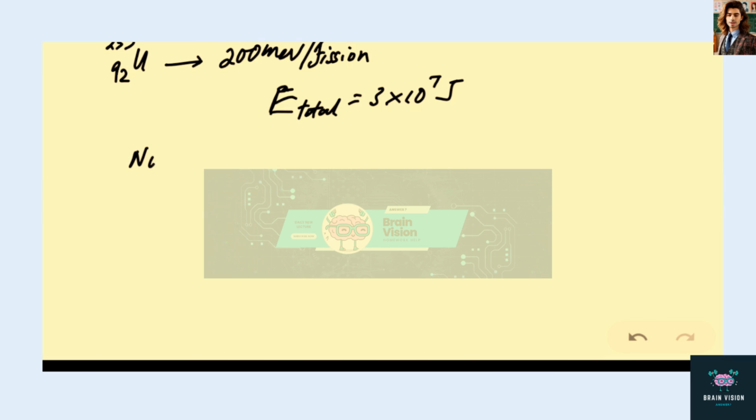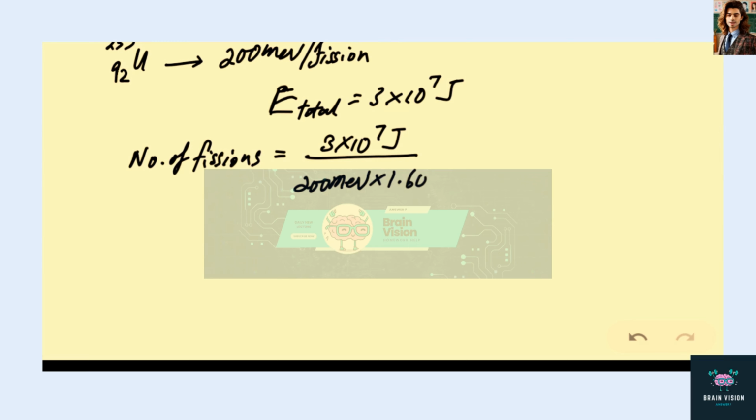So first off, we need to find the number of fission reactions required. So we take the total energy, divide that by the energy per fission, which is 200 MeV. But we will have to convert them into the same units, so we convert MeV into joules.